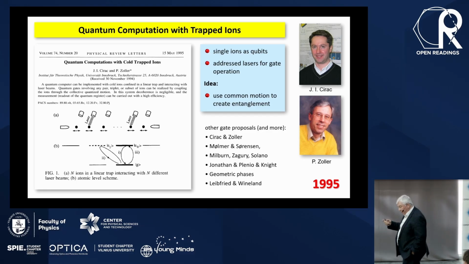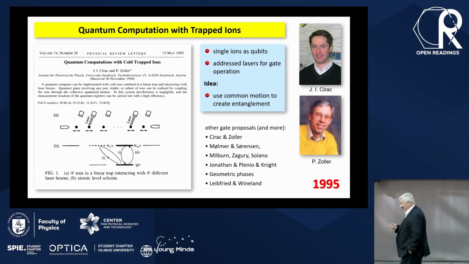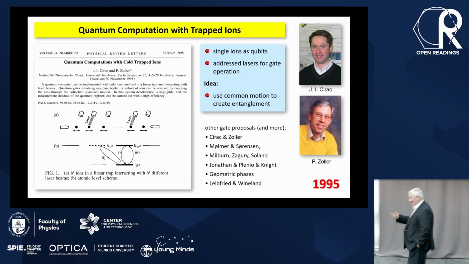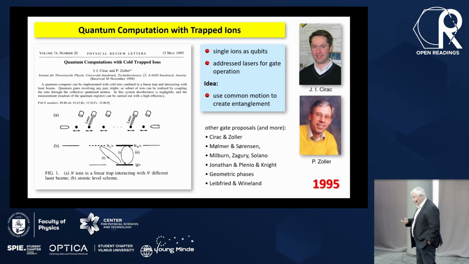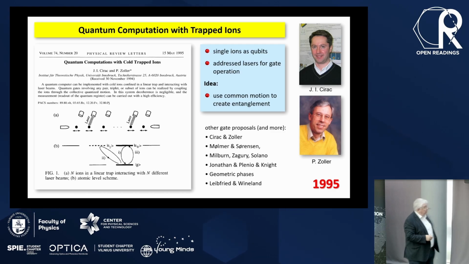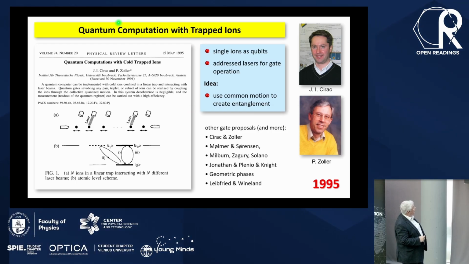So let's come to the ion traps. The ion traps were the first and are still by far one of the best technologies, maybe not the best for scalability, I'll come back to that at the end, but some of the best technologies that are currently delivering some quantum results. That ion trap concept was introduced in 1995 by these 2 gentlemen, Ignacio Cirac and Peter Zoller, in this seminal paper in PRL of 1995.